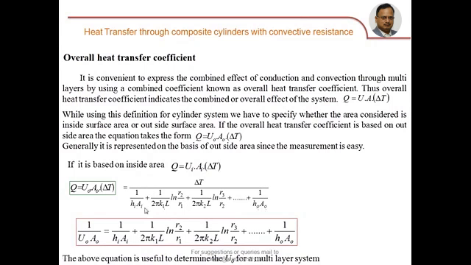Q equal to U naught A naught delta T equal to delta T by R total. And that R total is first the inside convective resistance, conduction resistances one after the other, and the outside convective resistance.